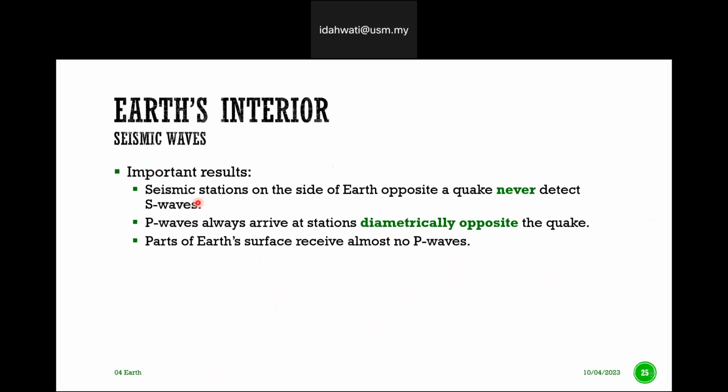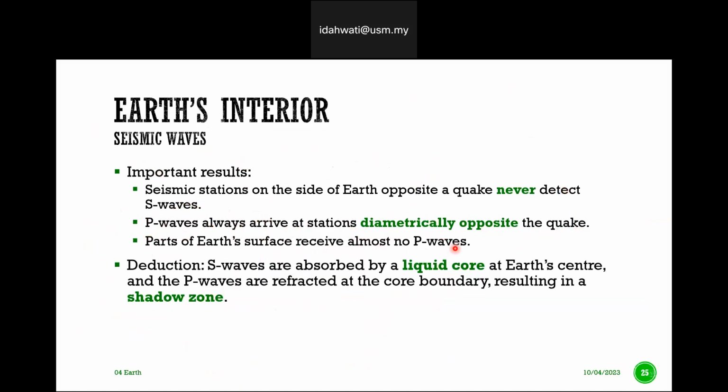Okay, so the important result here: the seismic station on the side of Earth opposite a quake never detects the S wave. The P wave always arrives at a station diametrically opposite the quake, and part of Earth's surface receives almost no primary wave.